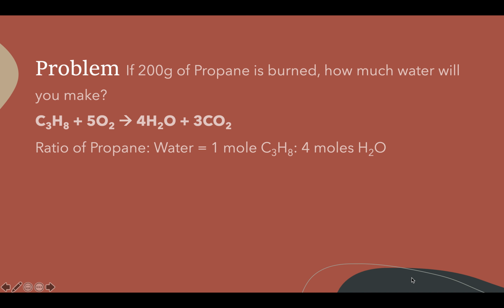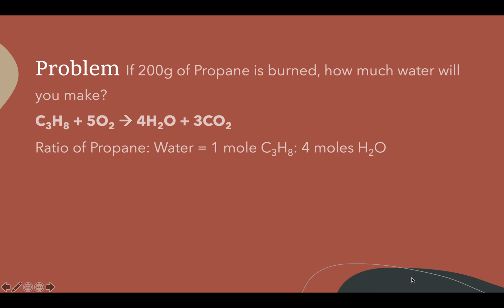So the stoichiometric equation that we have up there, with its stoichiometric coefficients, says 1 mole of propane will require 5 moles of oxygen and give you 4 moles of water and 3 moles of carbon dioxide. But what's really important there is the ratio.